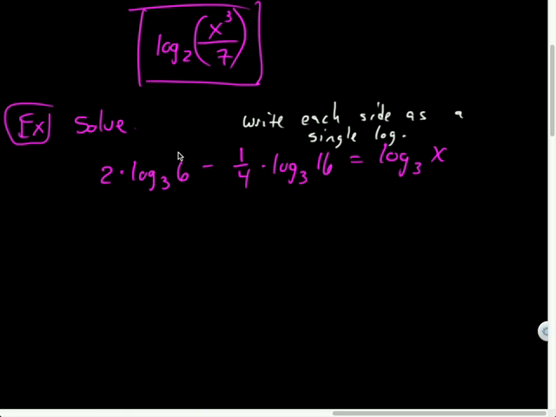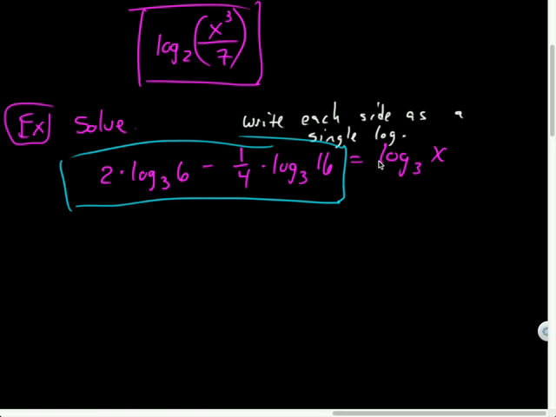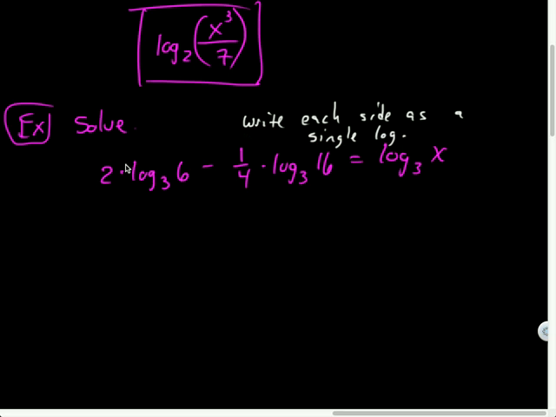So I want to rewrite this left-hand side as a single logarithm. The right-hand side already is its own logarithm, so that's cool. How could I combine these as a single logarithm? Before I can handle the subtraction, I've got to deal with this multiplication. So I'm going to use my power property and move those up top.